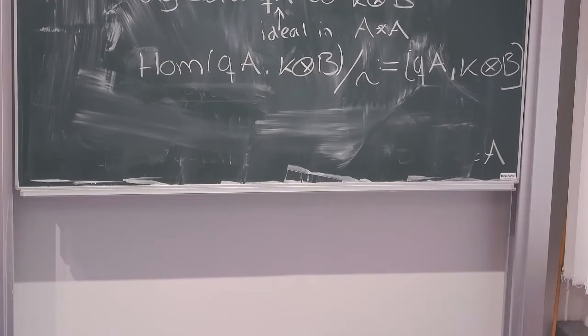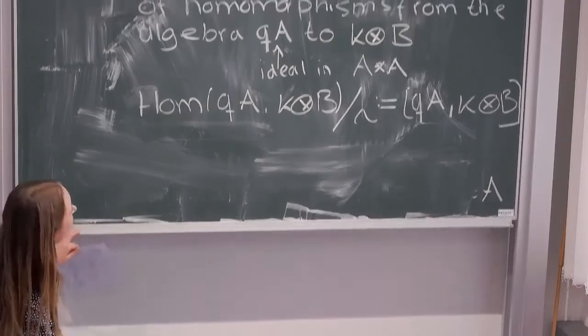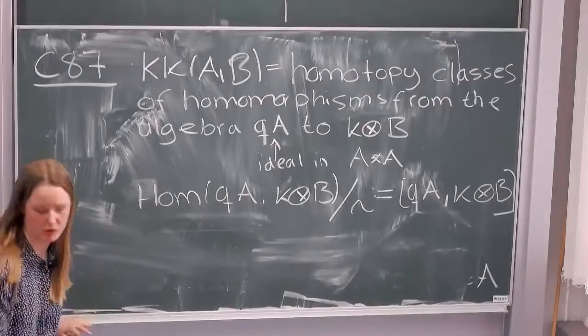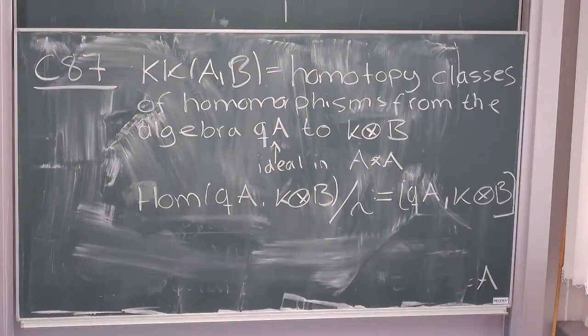QA is an ideal in a C*-algebra. Just to give you an idea of what this paper is about. And again, the product becomes even easier to prove that it exists in that picture, which I will also come back to.